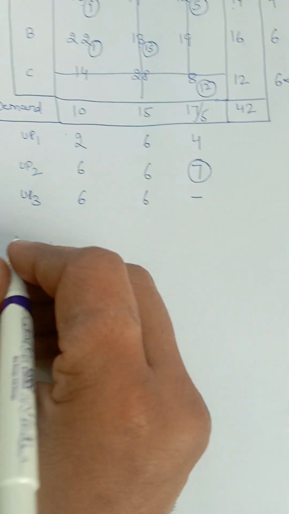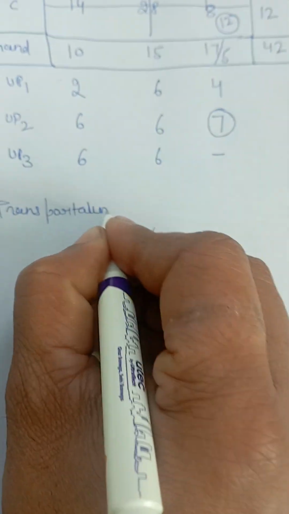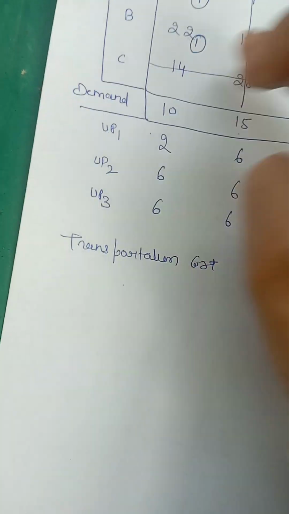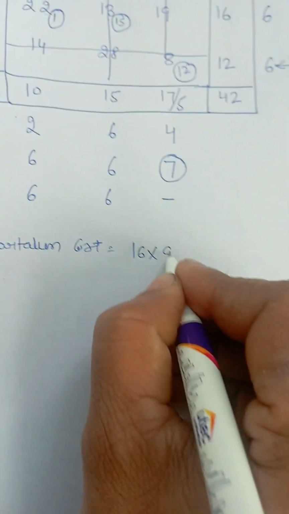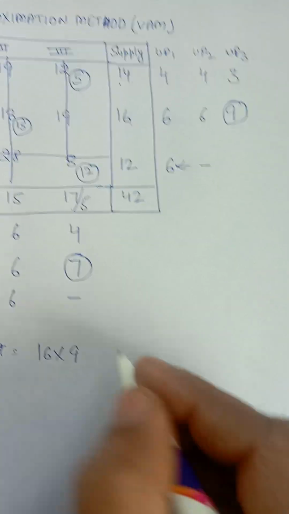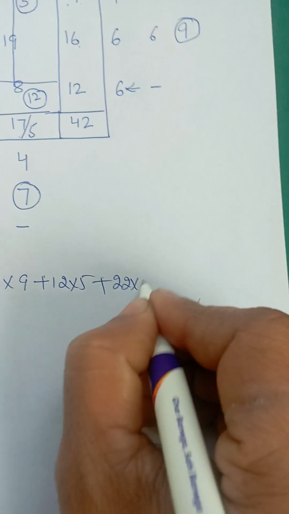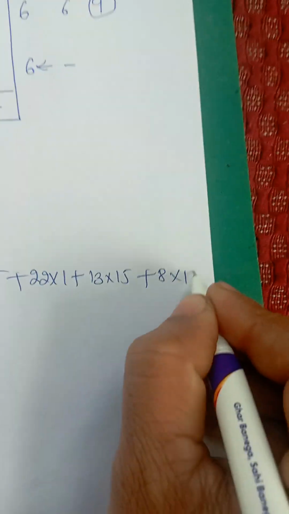Now we calculate the transportation cost. We calculate the transportation cost with the help of occupied cells. Occupied cells are 16 into 9, plus 12 into 5, plus 22 into 1, plus 13 into 15, plus 8 into 12.